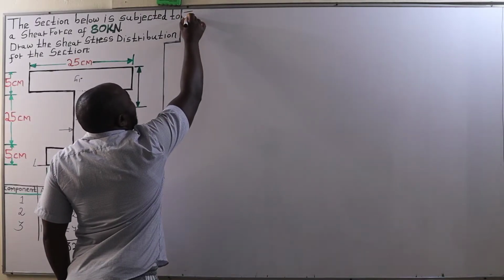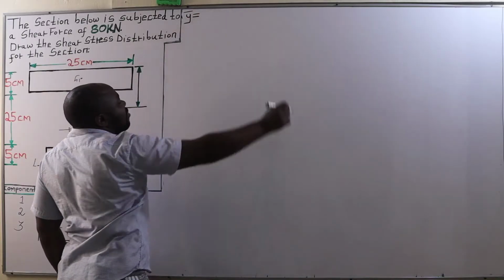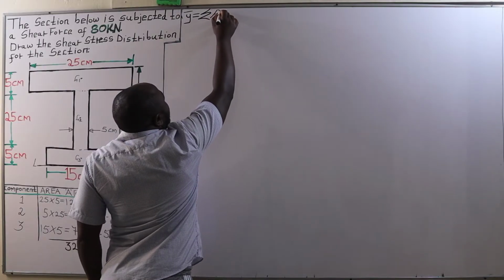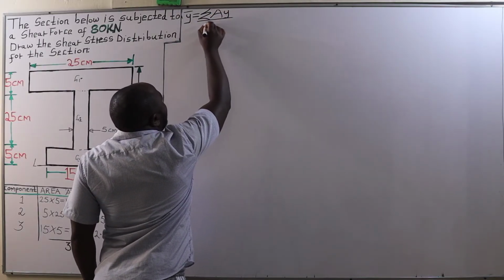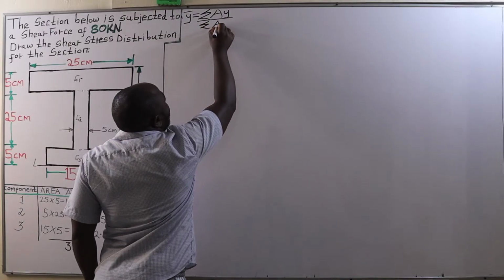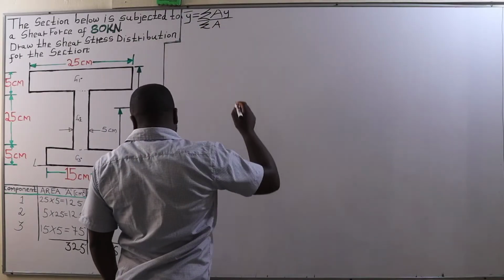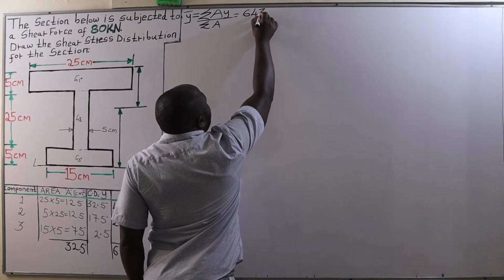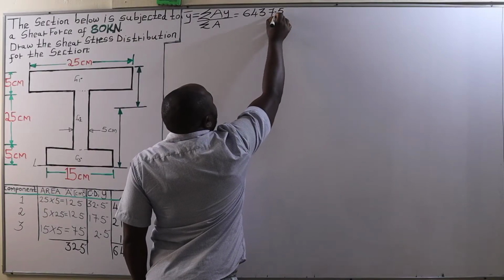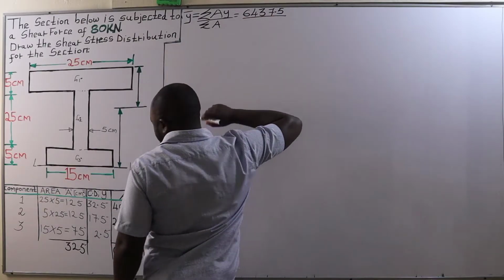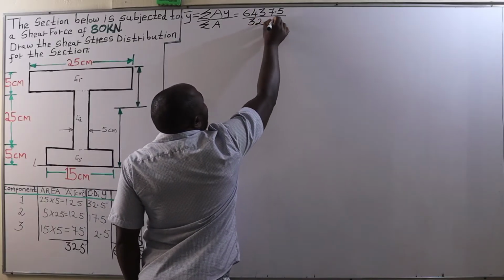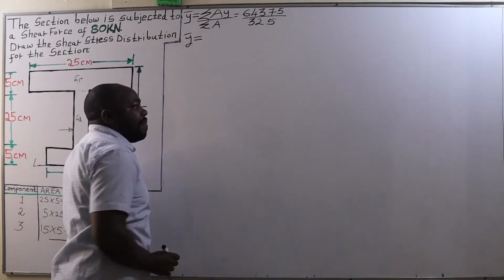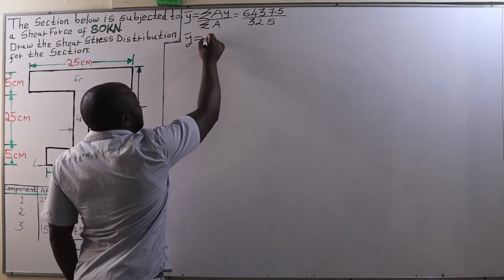Therefore, bar Y is the summation of Ay divided by the summation of A, that is 6437.5 over 325, which gives us bar Y as 19.8 centimeters.